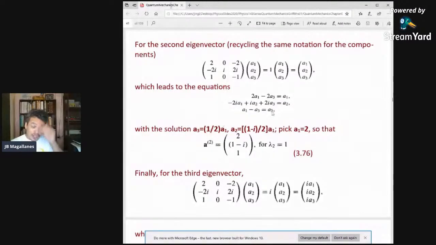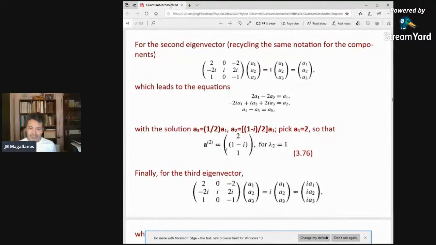So if you pick a1 equal to 2, then you substitute 2 for a1 here, and you get 1 minus i, and a3 would just be 1/2 of a1, so 1/2 of 2 is just equal to 1.